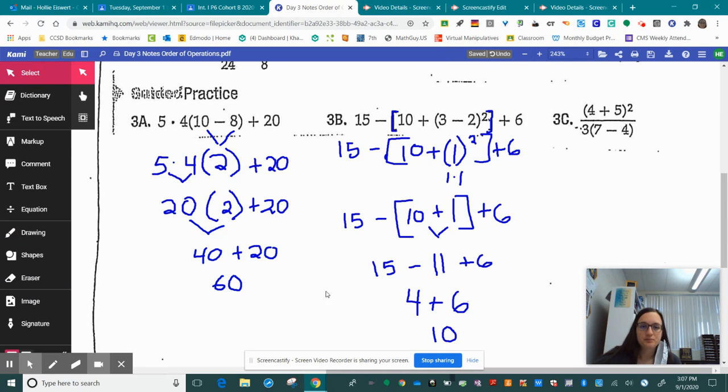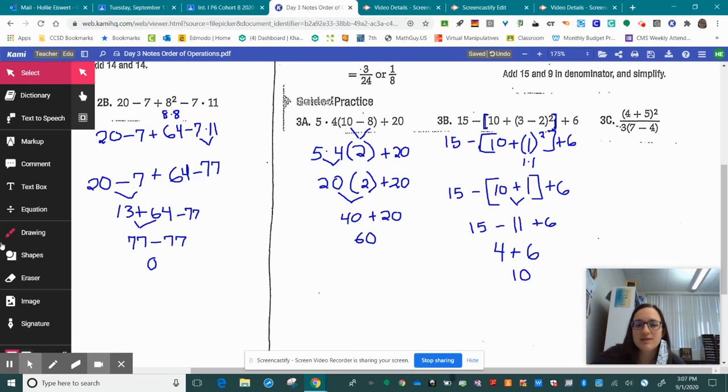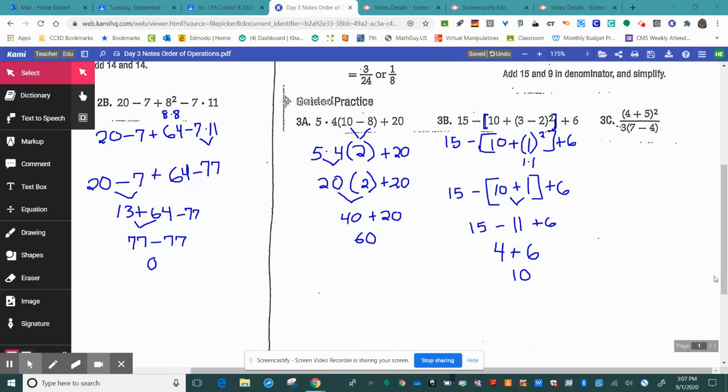Our next one is probably the trickiest one, only because we may not have seen one with the division symbol. Now my picture seems to be getting in the way of this, so I'm going to close it and see if this still works. Okay, cool.